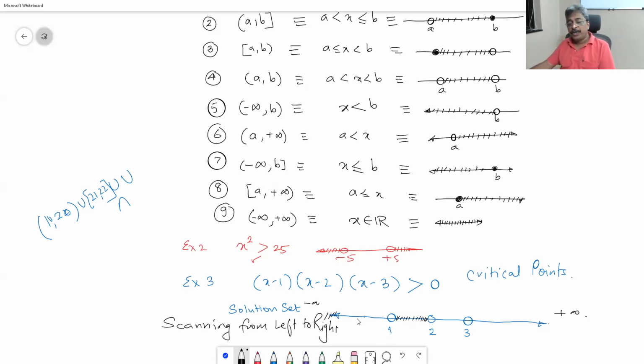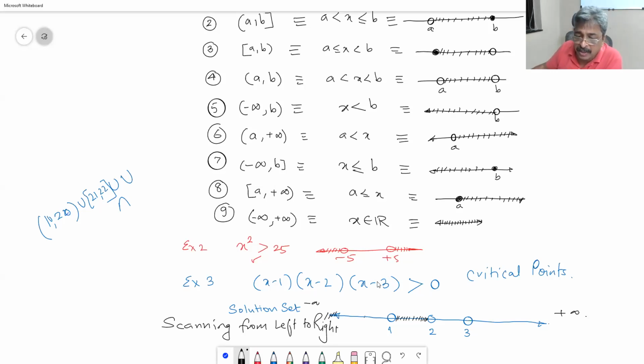Scanning from left to right, I am moving from minus infinity towards plus infinity. Now I reach 2, let me put 2. This makes it 1, 0, −1; a 0 in the product makes everything 0, which is not greater than 0, not acceptable, so hollow remains hollow. Any point between 2 and 3, say 2.5: this is +1.5, this is +0.5, so these two produce a positive product and the last one is negative, hence again the inequality is false.